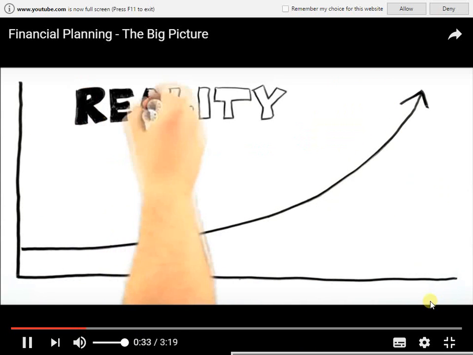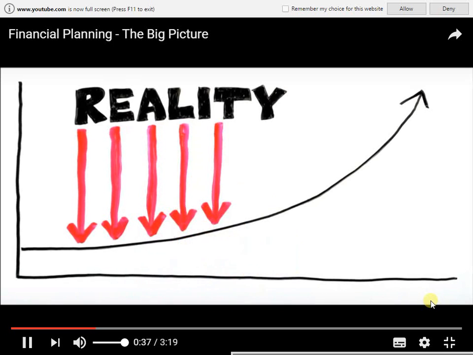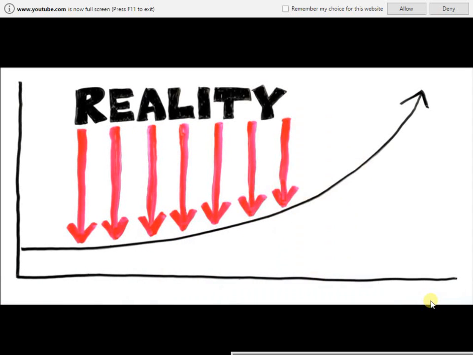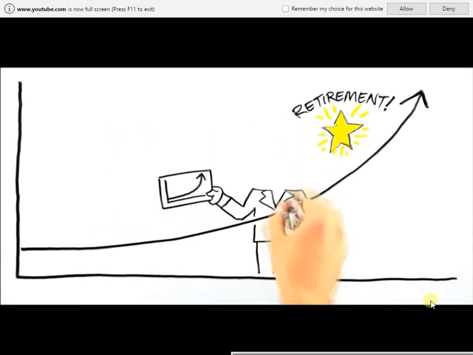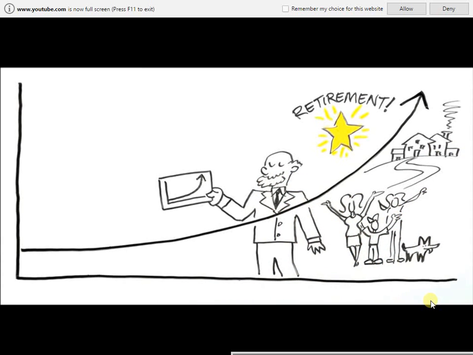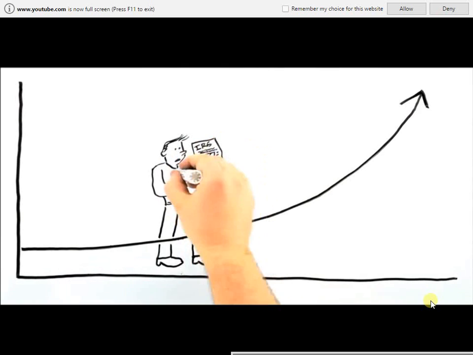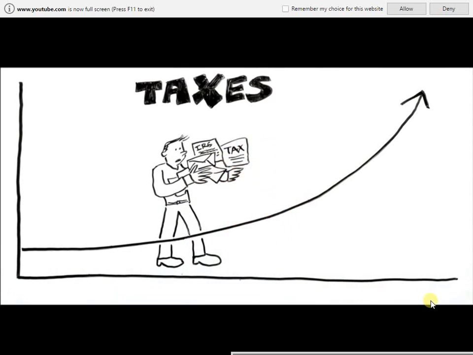Then reality sets in. You realize that there's a tremendous amount of financial pressure pushing down on your wealth curve and its potential. If the wealth curve were purely mathematical, it would always grow exponentially, but it doesn't. Taxes, federal, state, FICA, Medicare, sales tax, consumption tax, excise tax, more and more taxes.